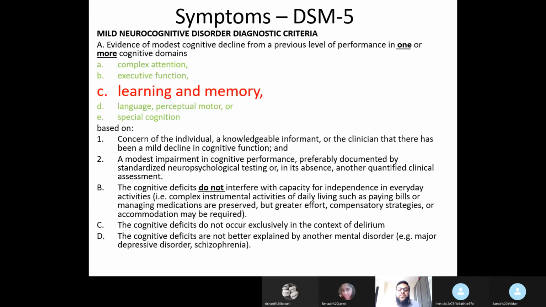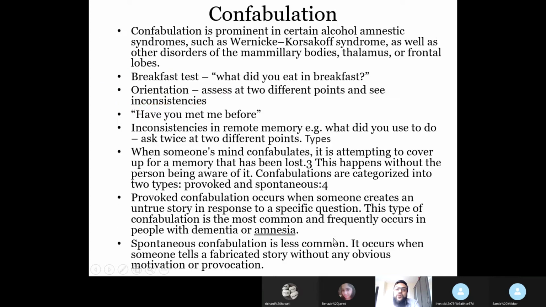So to some extent, they can still live independently. However, they will have some difficulty. That's how we can correlate the ICD-10 and DSM-5. And they are not because of delirium, they are not because of any other mental disorder.